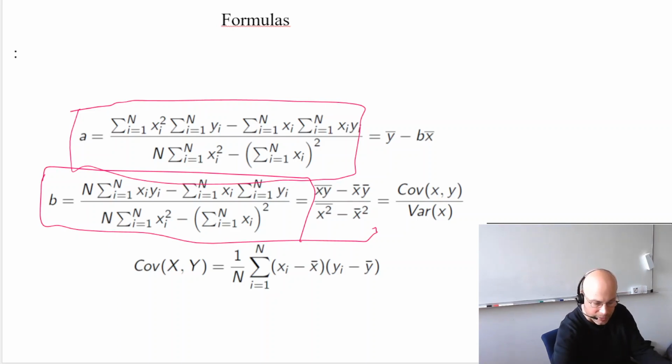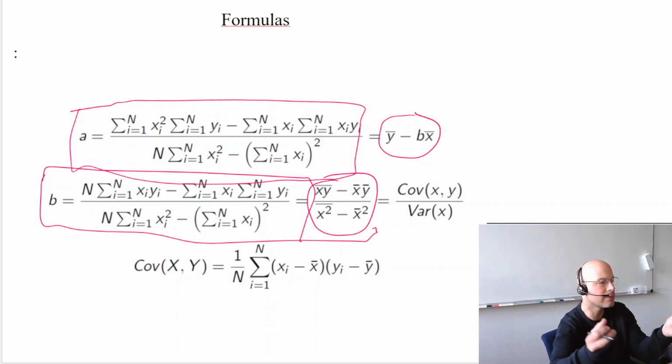But what we have done is show that these two numbers can just be calculated by calculating in advance some average values.